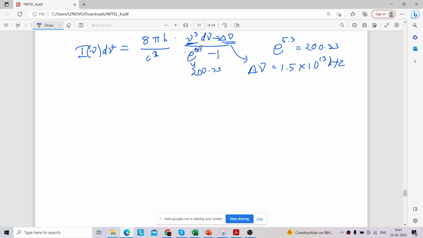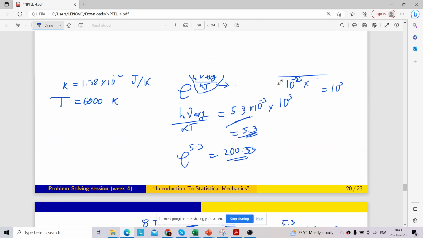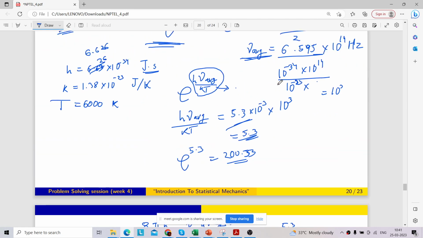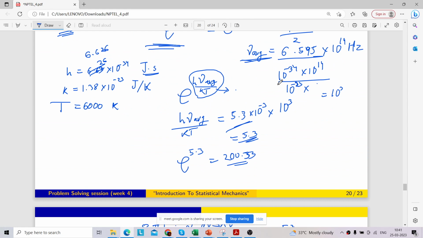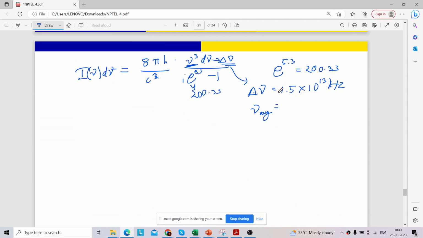I am taking the average value for the denominator, so I will take this nu as nu average. What is this nu average? 6.595 times 10 to the 14. Then you have everything, put this and tell me the number.